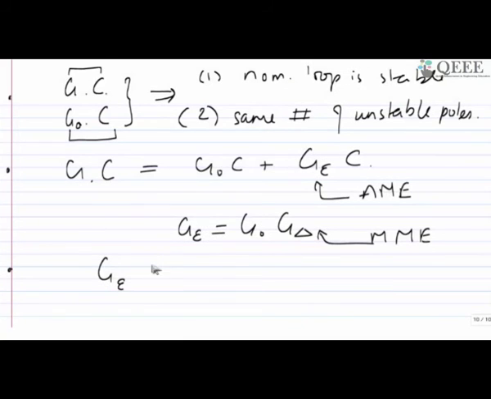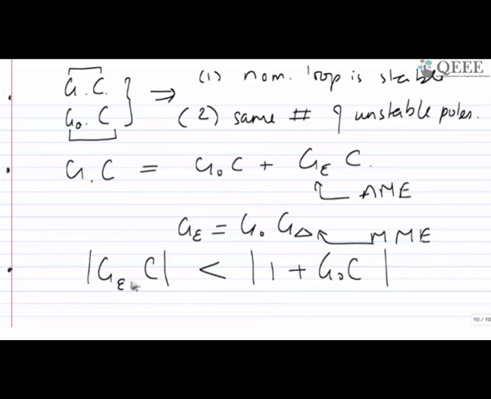So this is my next equation from the plot: the magnitude of G epsilon C should be less than the magnitude of 1 plus G naught C, otherwise it fails the Nyquist stability condition that I have in the above steps.